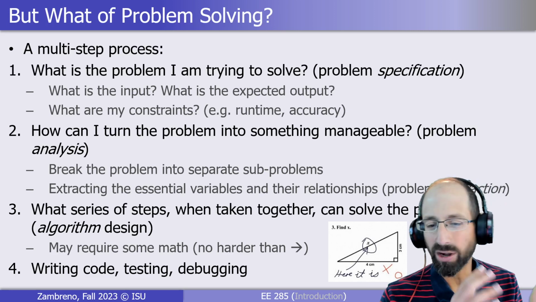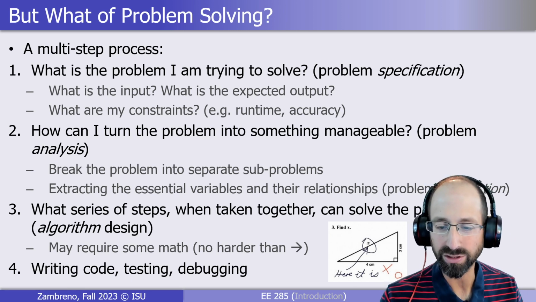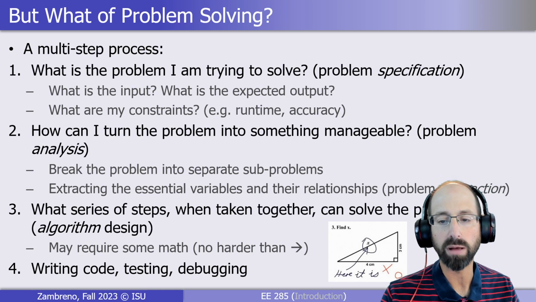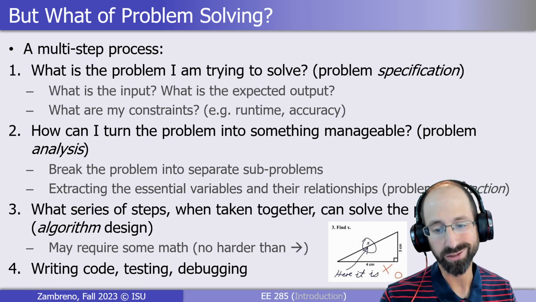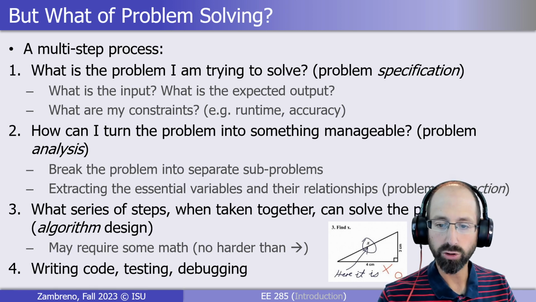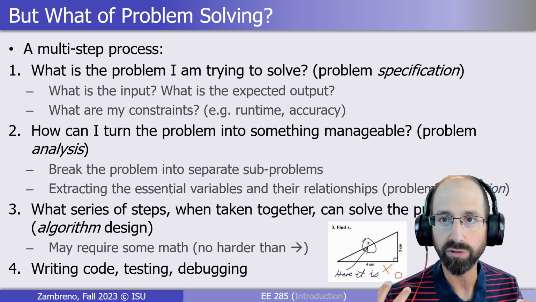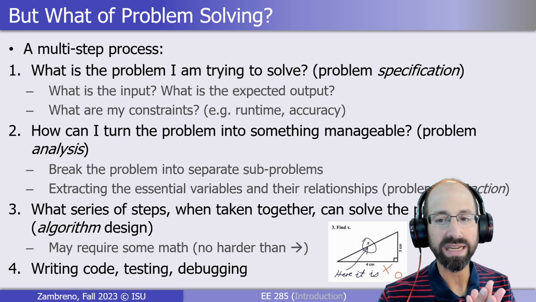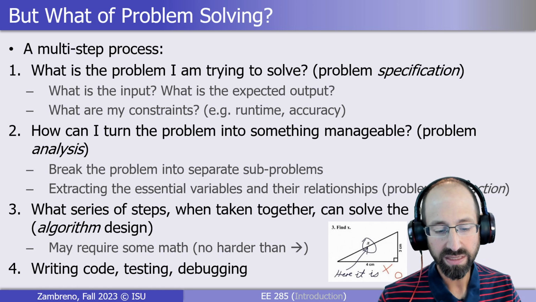Step two, I call it just the problem analysis stage. There's a lot of different terminology you'll read for this part of the problem solving process. Just how do I turn the problem into something more manageable? How do I take what could be a very high-level specification and a big picture goal, and break it down into more manageable sub-steps?